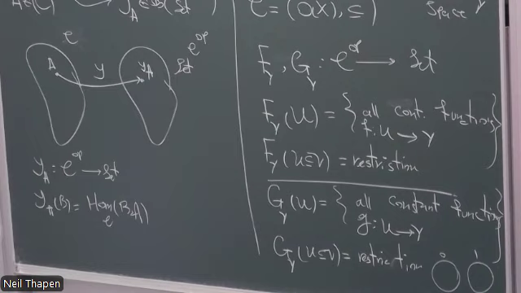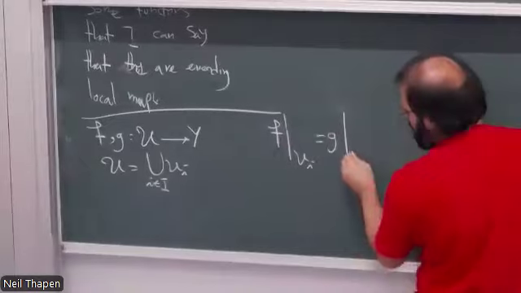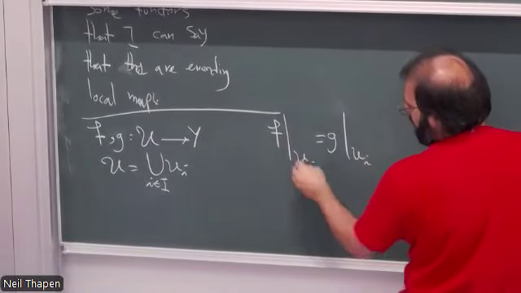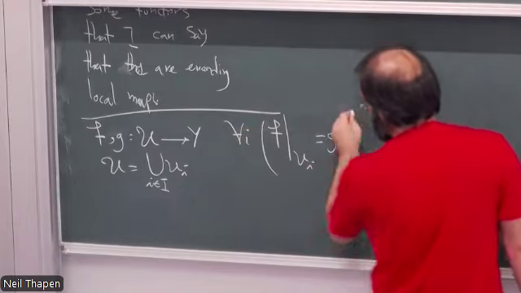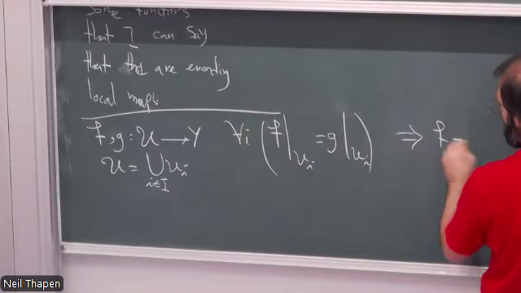One thing that's true in both of them actually is this, that if I have, say, two functions from U to Y, and also U is a union of some Ui's, then if the restriction of f to Ui equals the restriction of g to Ui for any i, then I have f equals g, right?